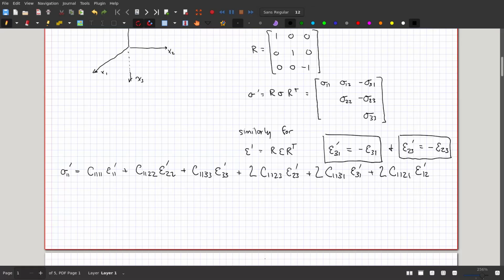Now, I'm going to substitute in these relations that we know, like that the 3,1 prime is equal to negative 3,1, 2,3 prime is equal to negative 2,3.